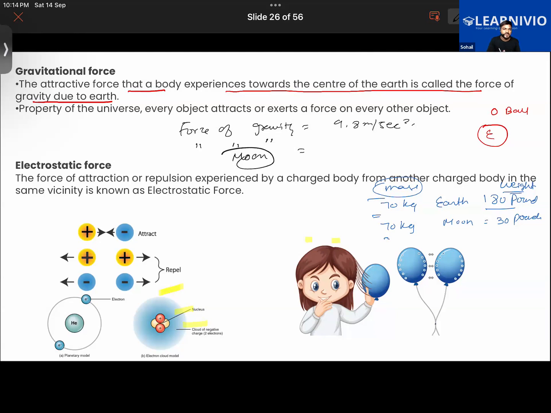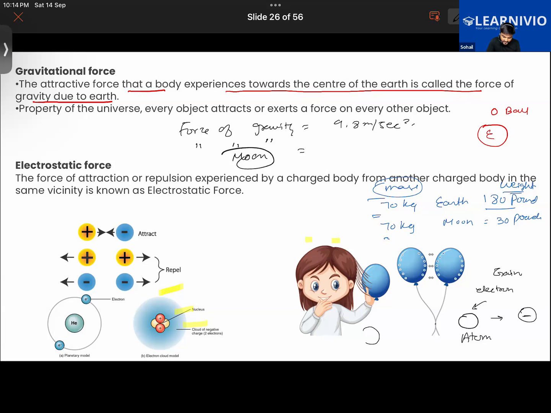It might either become positively charged if it loses the electron, and it might become negatively charged if it gains the electron. Say there is an atom here, and if it gains an electron, this becomes negatively charged. Getting it?